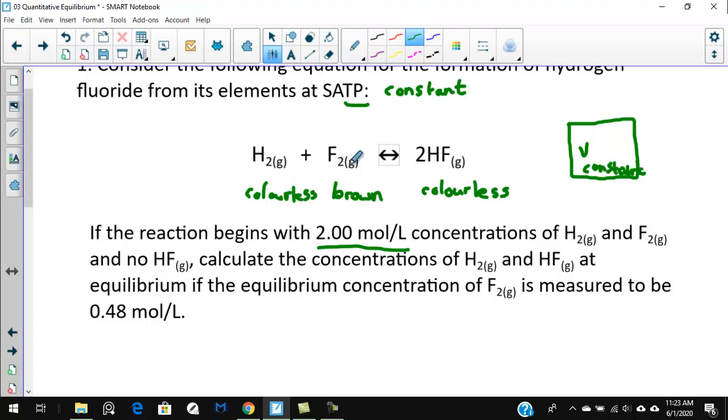We don't have to change these concentrations into moles, move the moles like we did in grade 11, and then turn it back into concentration. As long as the volume is fixed, which it is if this is an equilibrium system, we can't have the volume changing either. We have to have the temperature, pressure, and volume of the container fixed. Then we can just work in concentrations.